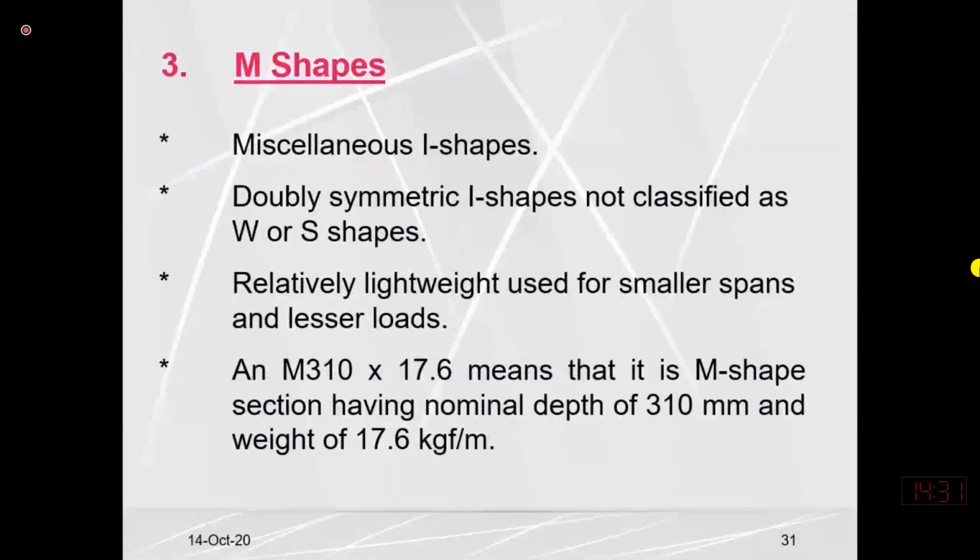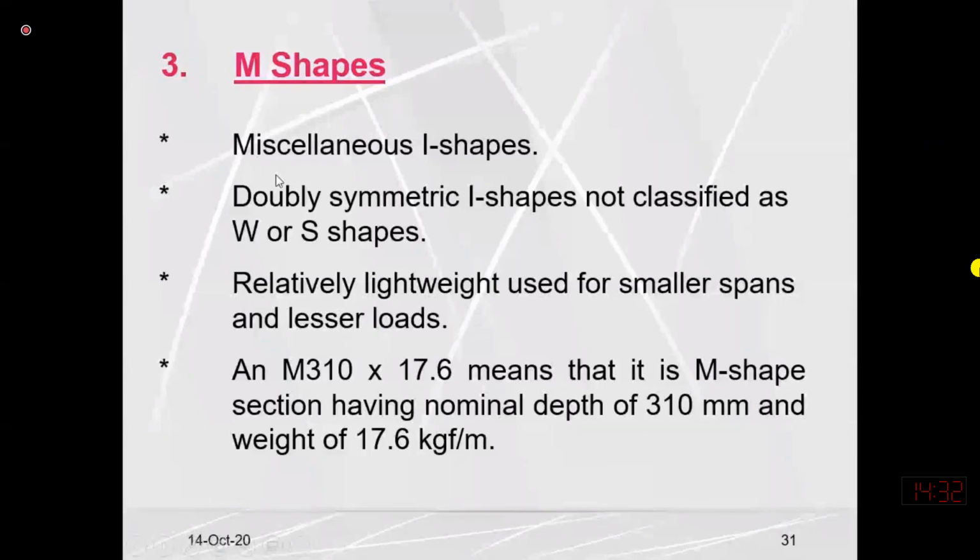Standard section means that if I know the designation of any section, then I also know the dimensions of the section. If a section is not manufactured as per standard, then we refer to it as M section. M section is the non-standard or miscellaneous I-shaped section.